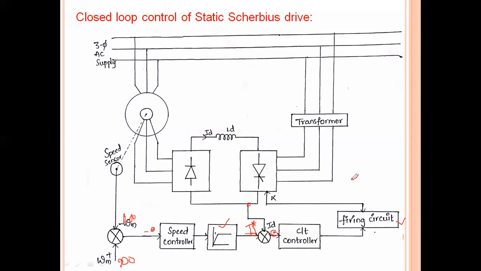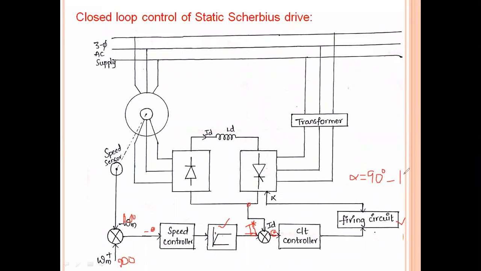This full control rectifier, the alpha is always operating between 90 degrees to 165 degrees only, because this full control rectifier has to perform inversion operation, right? So for inversion operation, alpha must be greater than or equal to 90. That is the condition to get the inversion operation with the help of a full control rectifier, right?